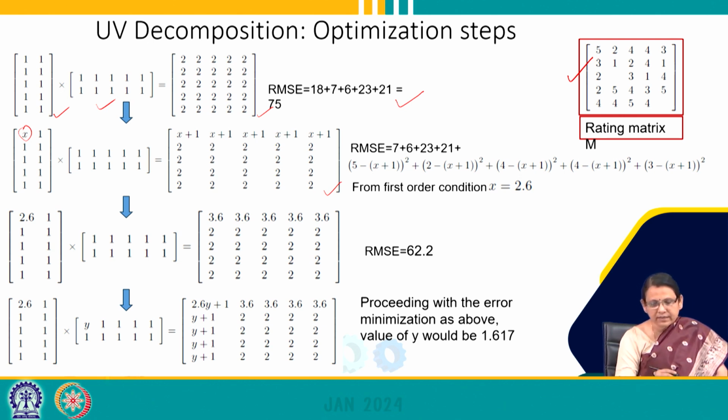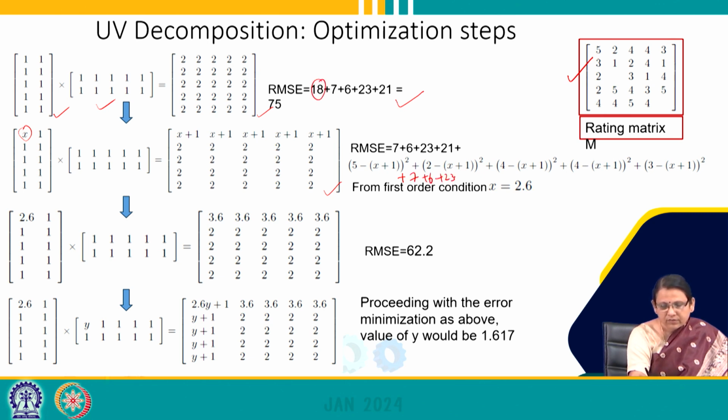The error function is element wise subtracting and taking the square. So, for the first row, 5 minus x plus 1, 2 minus x plus 1 and so on. Along with this, you will be subtracting others as well. This was the first row, so the others will be 7 plus 6 plus 23 plus 21 etc.